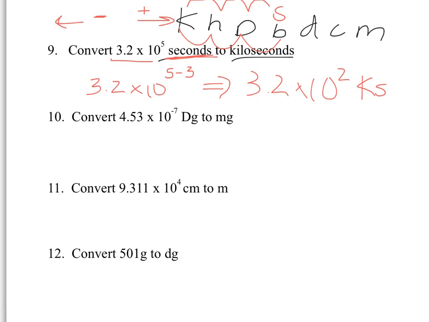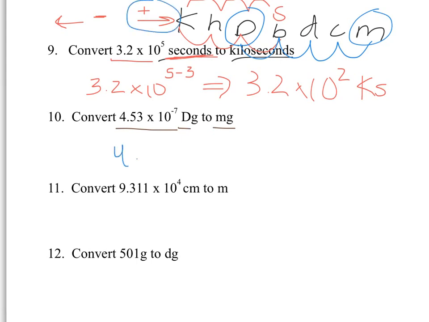Trying number 10 out, you are going to convert 4.53 times 10 to the negative 7th decagrams into milligrams. So to do that, let me get another color. We're going to start at deca and go to milli. 1, 2, 3, 4 to the right. To the right means that we add to the exponent.